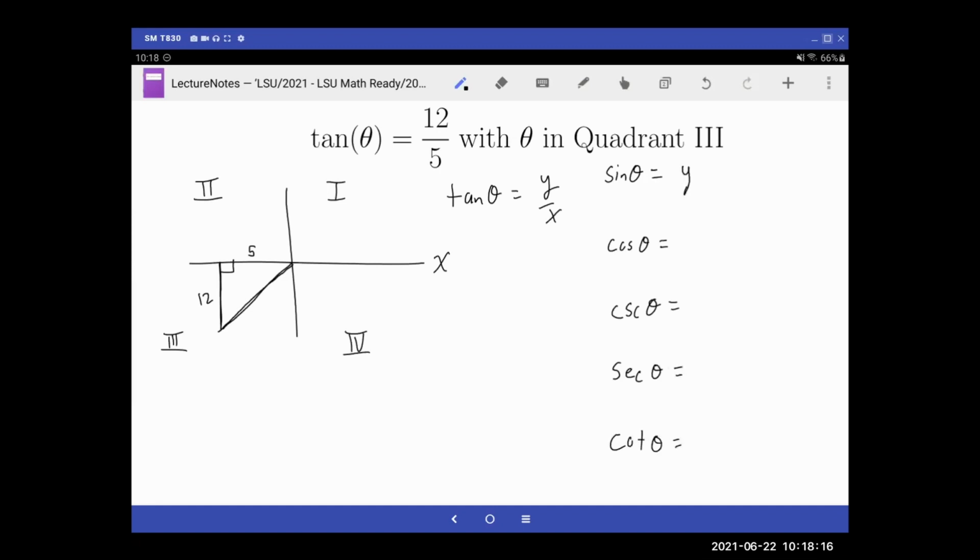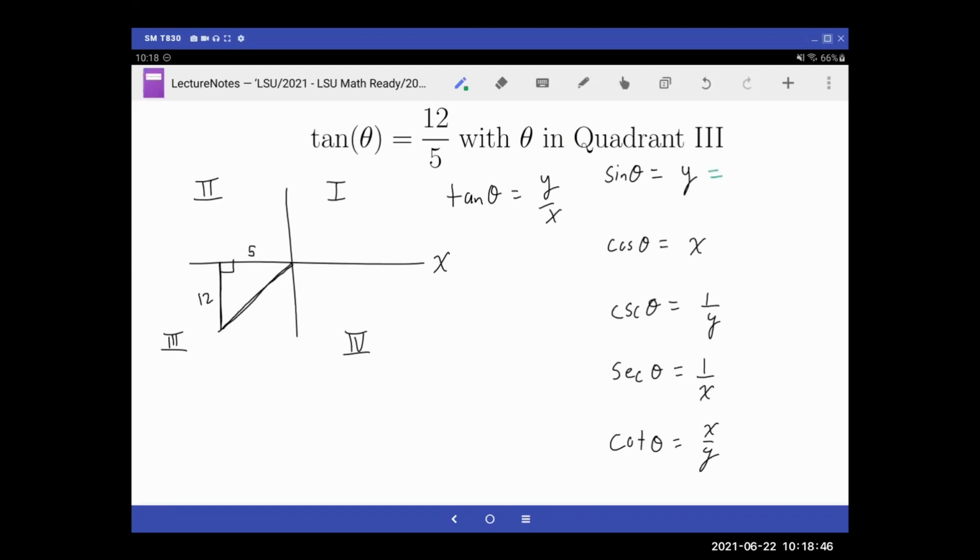Remember, sine is y, cosine is x, cosecant is the reciprocal of sine, so 1 over y. Secant is the reciprocal of cosine, so 1 over x. Cotangent, reciprocal of tangent, so x over y. Okay, so those are all the things we're looking for. And so I do have, of course, an x value and a y value, so I can actually fill some of these in. Let me do that. Let's see. The one that says 1 over y.